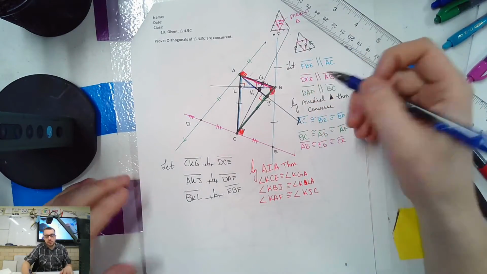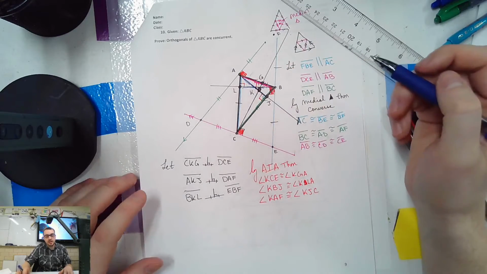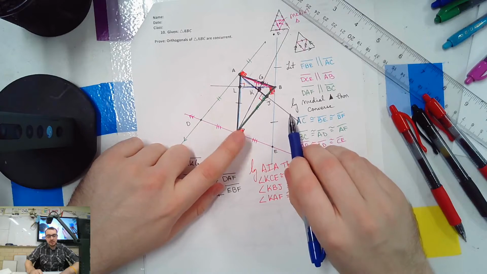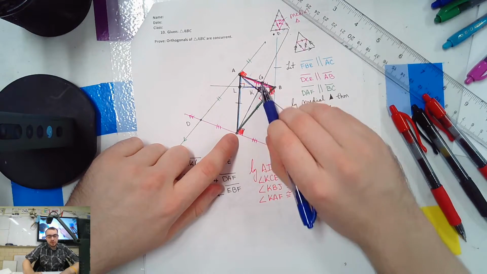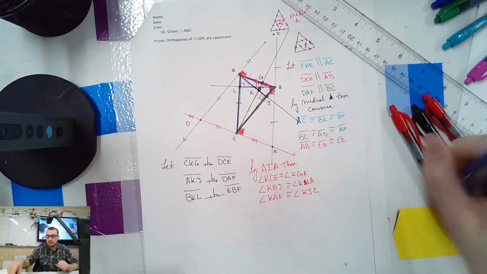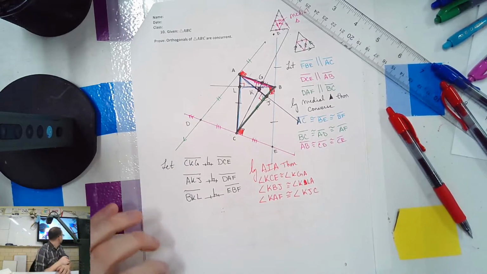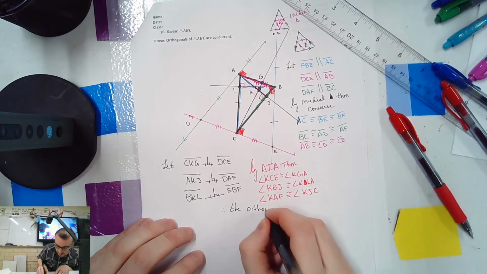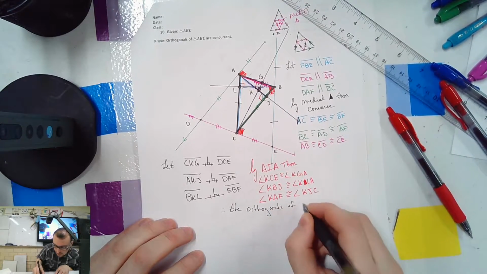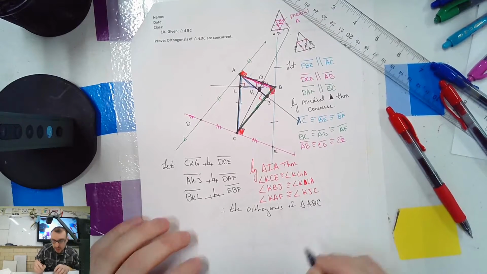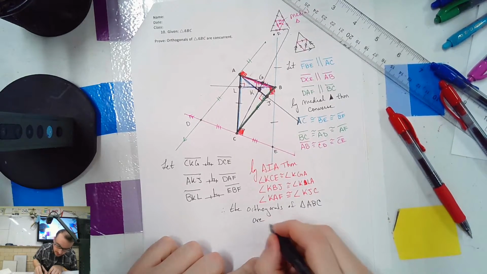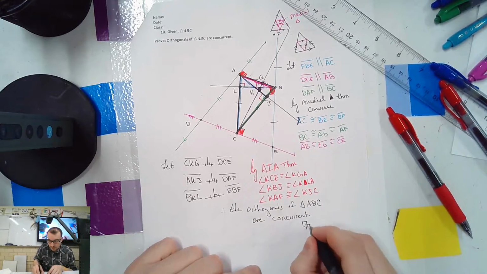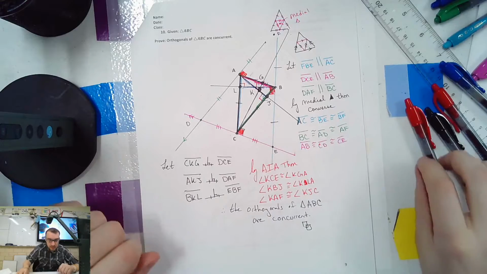Since they're just parts of these lines, since the perpendicular bisectors intersect at K, so do my orthogonals. So we're going to say, therefore, the orthogonals of triangle ABC, the original triangle, the OG, are concurrent. And that's it. That's the main part of the package.